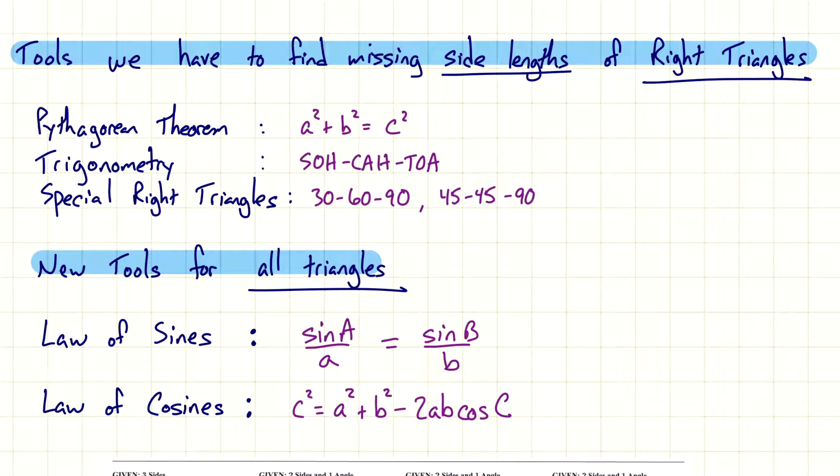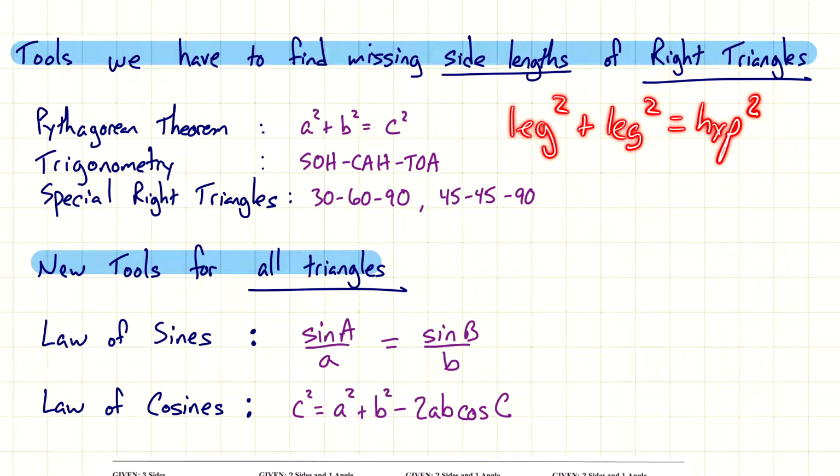Now, the main tools that we have been using are right triangle tools. Traditionally we start off with the Pythagorean theorem, which is a squared plus b squared equals c squared, or sometimes leg squared plus leg squared equals hypotenuse squared.